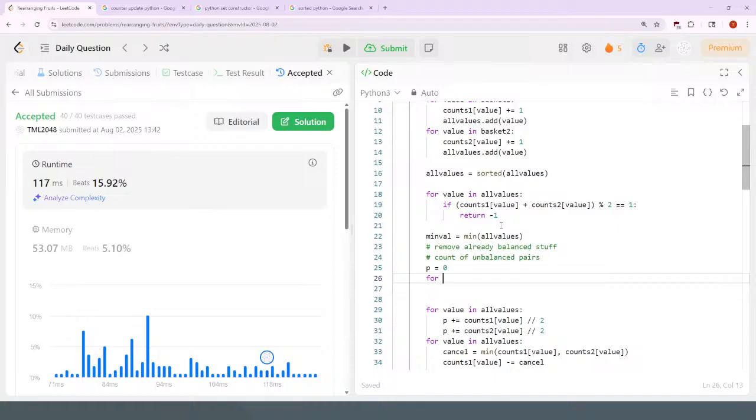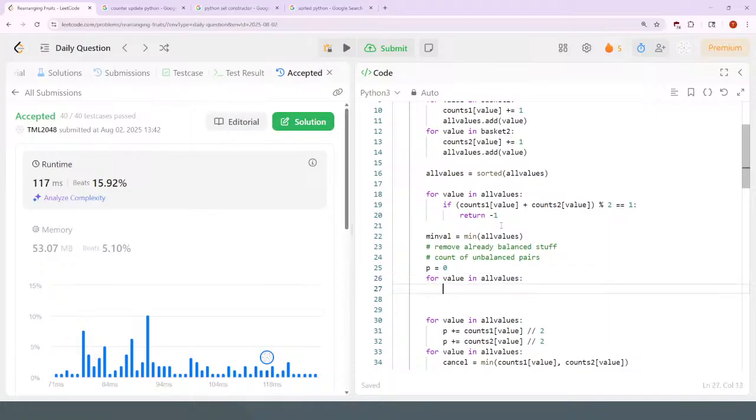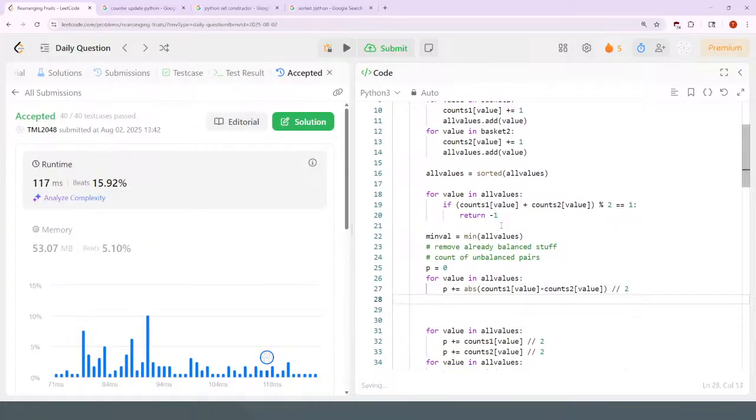Yeah, I think so. Every value in all values, p plus equals. So the count of the unbalanced pairs would be, if I don't do the subtraction of the cancellation, the absolute value of the difference between counts 1 of that and counts 2 of that, divided by 2.